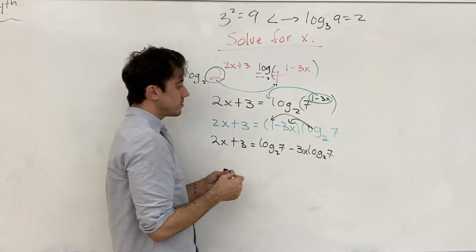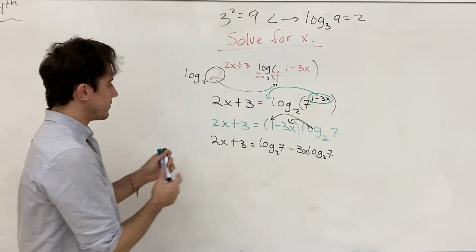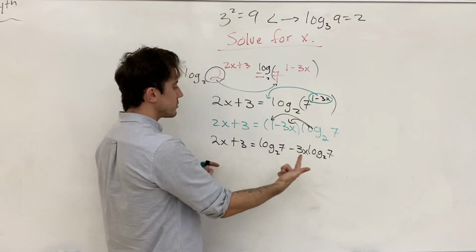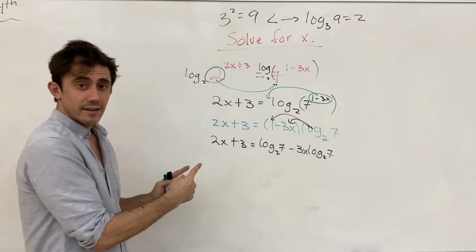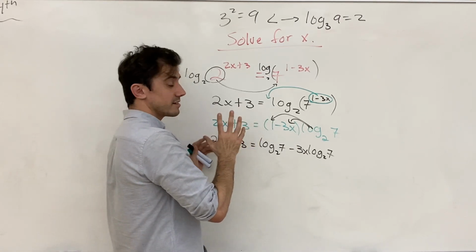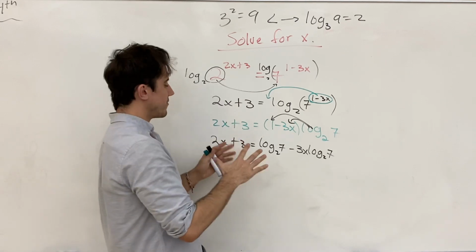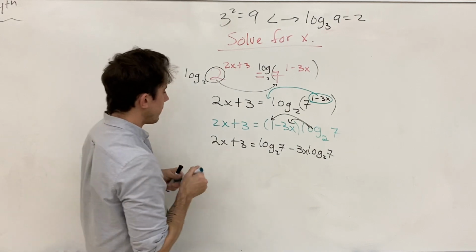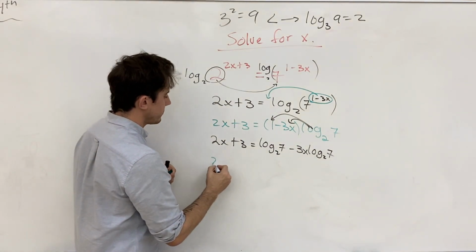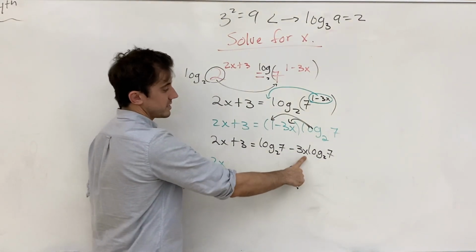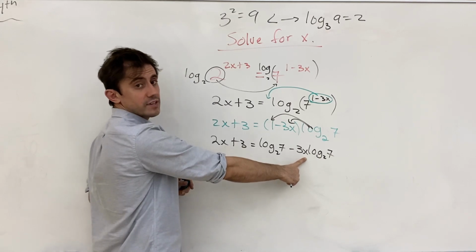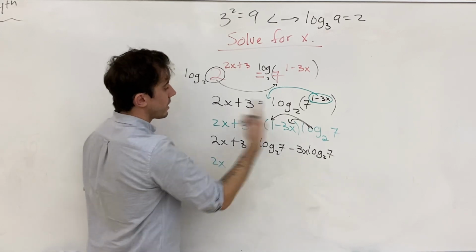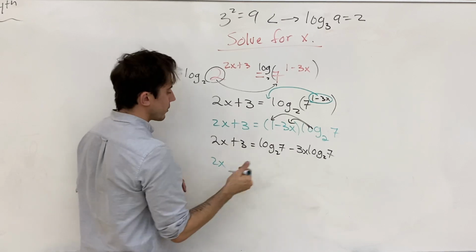So, the same way we always did when we had variables on both sides of our equal sign, let's group them all on one side, and let's put everything that does not contain a variable on the other side. I'll leave the 2x on the left-hand side, and I'll move this term, because it contains an x, to the left-hand side by adding it to both sides.